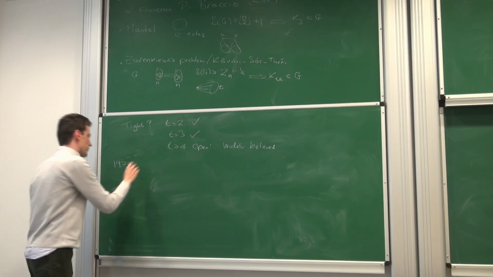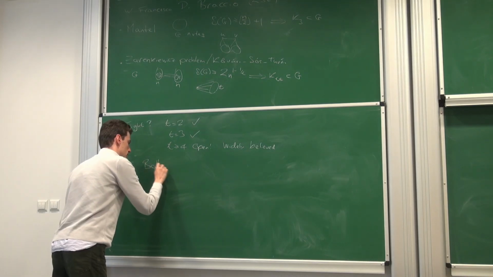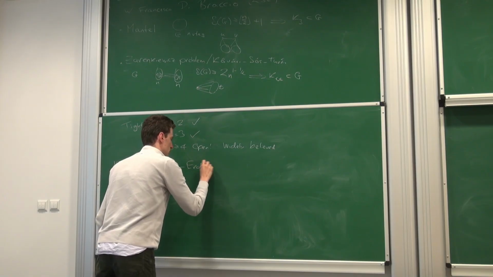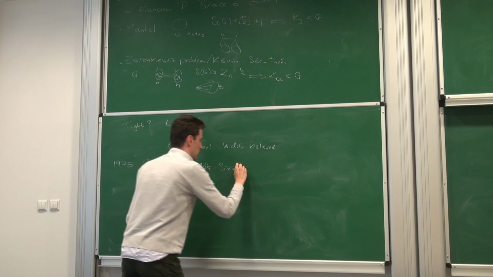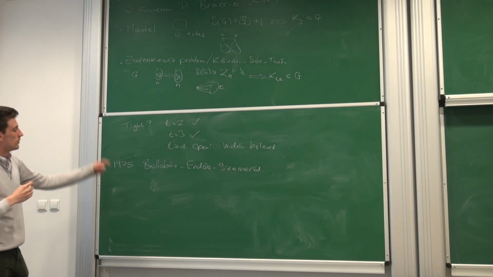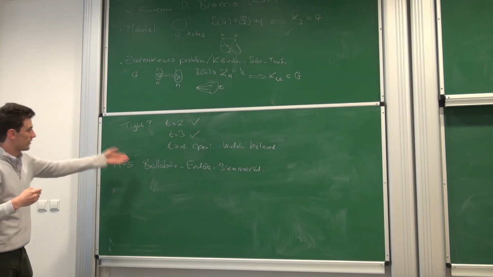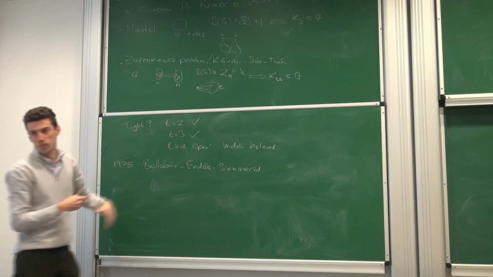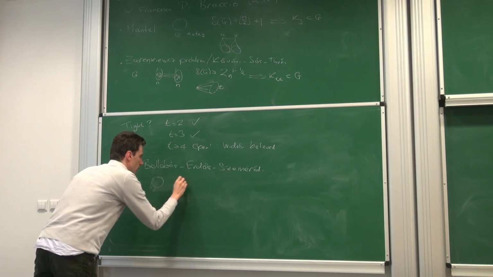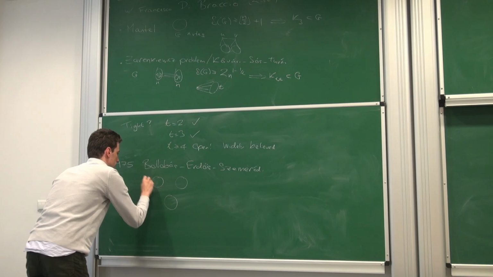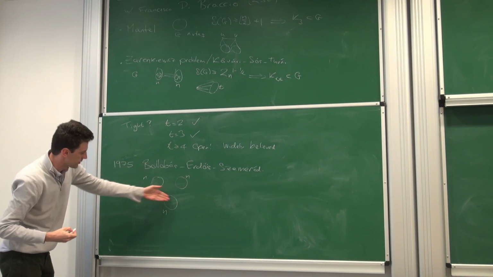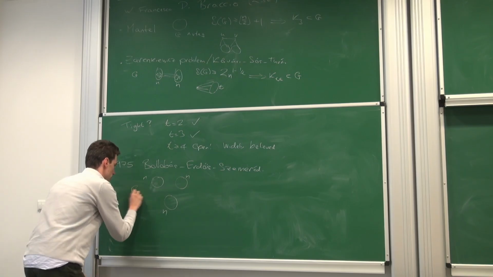Motivated by these, in 1975, Bollobás, Erdős, and Szemerédi asked, okay, this was for bipartite graphs, what about tripartite and multipartite graphs? So now I have a tripartite graph, n vertices in each part, and this is G.